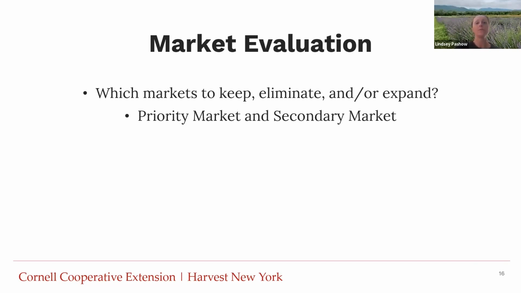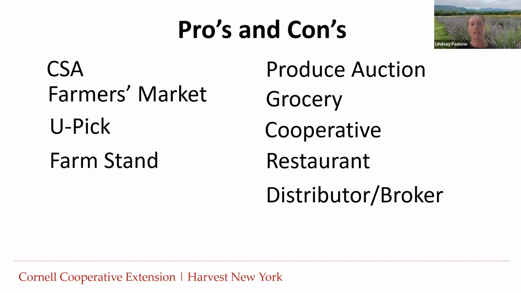When you're looking at markets, there are going to be pros and cons for each market that you're selling at. So I'm just going to mention some of the pros and cons that I see at each of these.